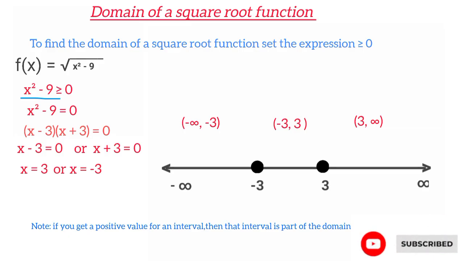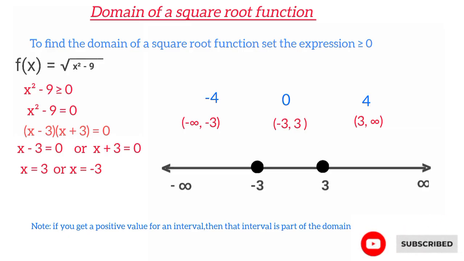So, for the first interval, which is negative infinity to negative 3, let's take minus 4 as our test value. For the second interval, let's take 0, and for the third interval, let's take 4.